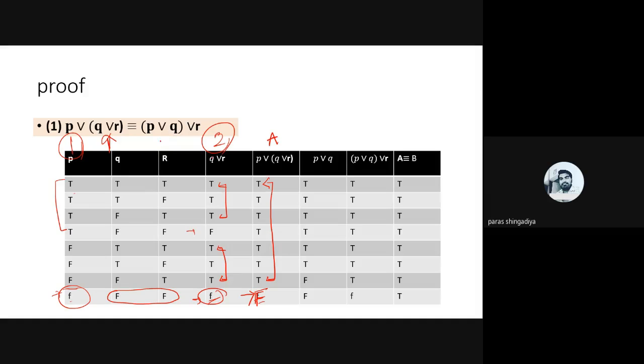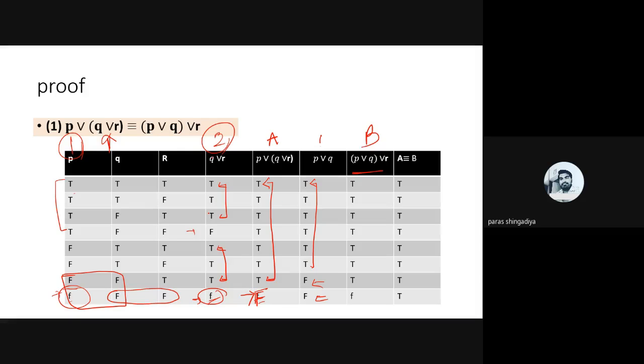Now let us check part B, P or Q. That is the P or Q output, and you can verify that in the last and last-but-one there is F given. So just write F here, and in all the remaining places replace with T. That is the P or Q output. And then after that (P or Q) or R, the second part of this one: compare this P or Q column to R and apply the or operator.